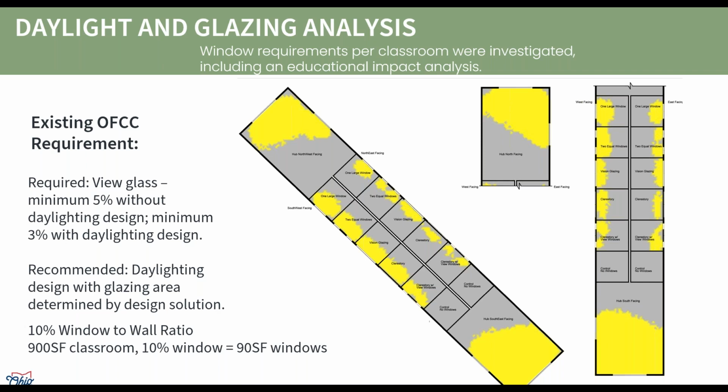So what we ended up doing is we ended up through the end of this study and found out that really 10% is the ratio that seems to be right where we should be in terms of providing the quality light that we need. And so that is a significant change.